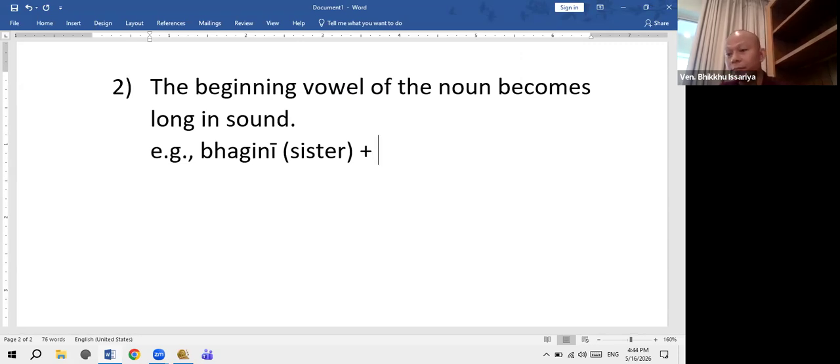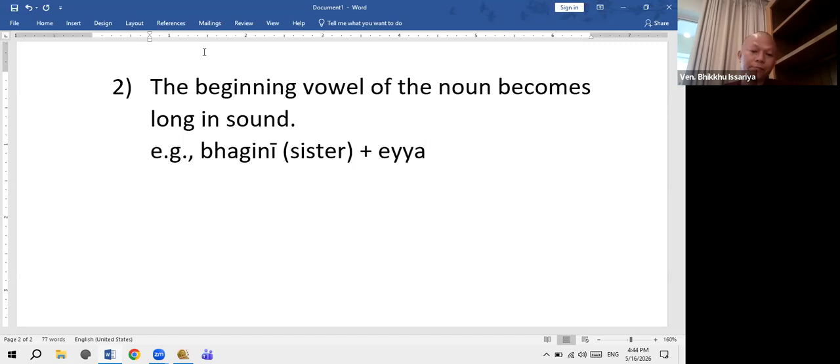Now in this case, we use one of the many suffixes.